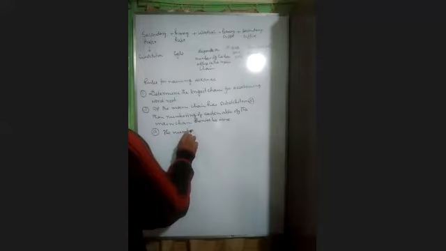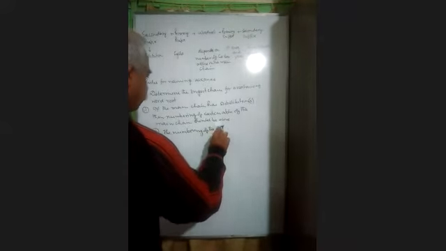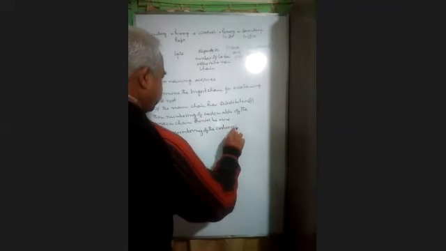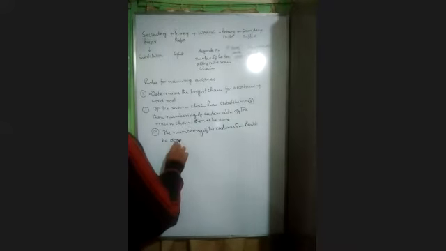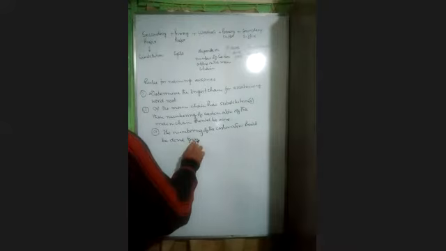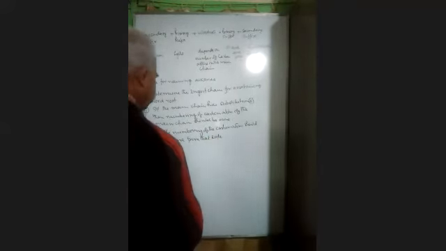Okay? Now, from where you will do the numbering? The numbering of the carbon atoms should be done from that side. That side means what? Left, right, top, bottom, from any side.